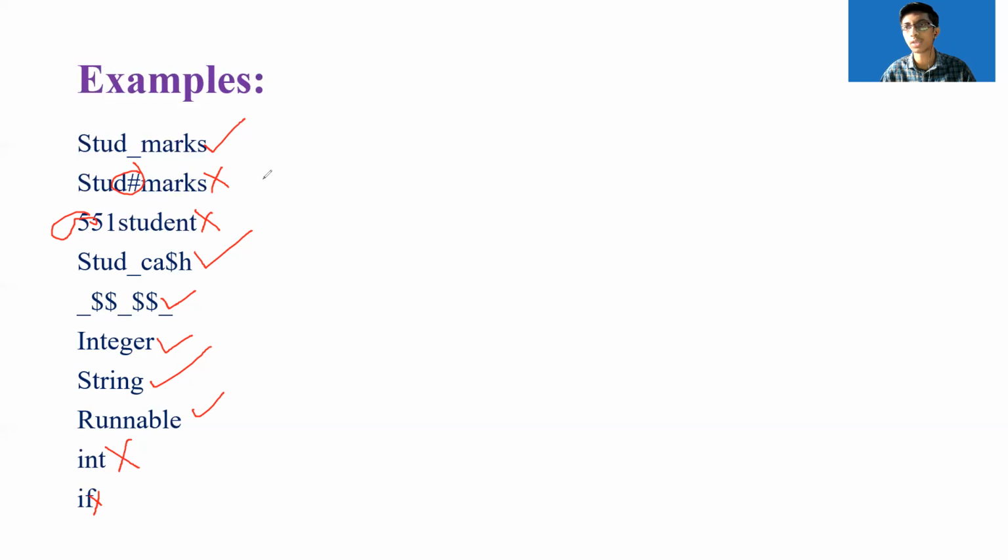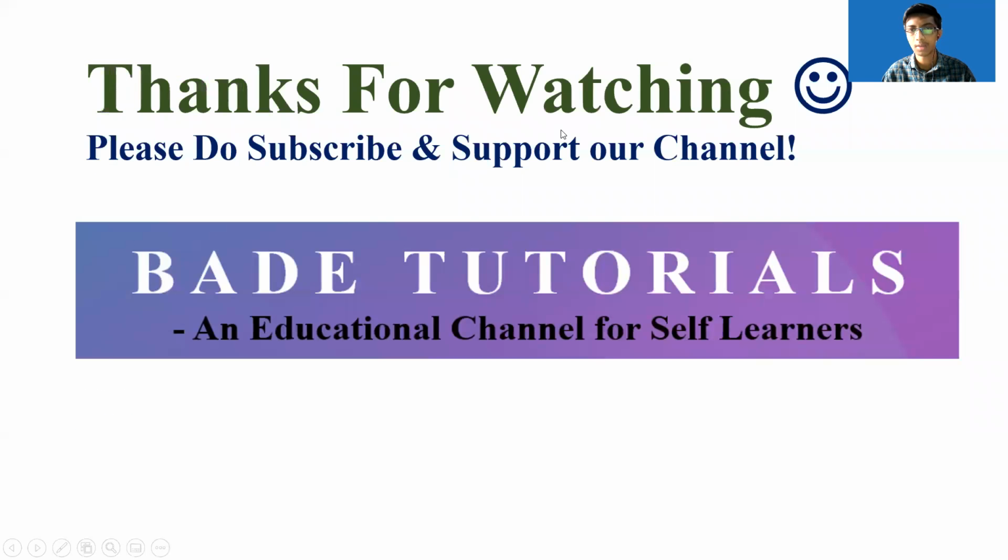This is all about today's session. We have gone through what an identifier is and what the rules for it are, and we have seen some examples which are valid and which are not valid.